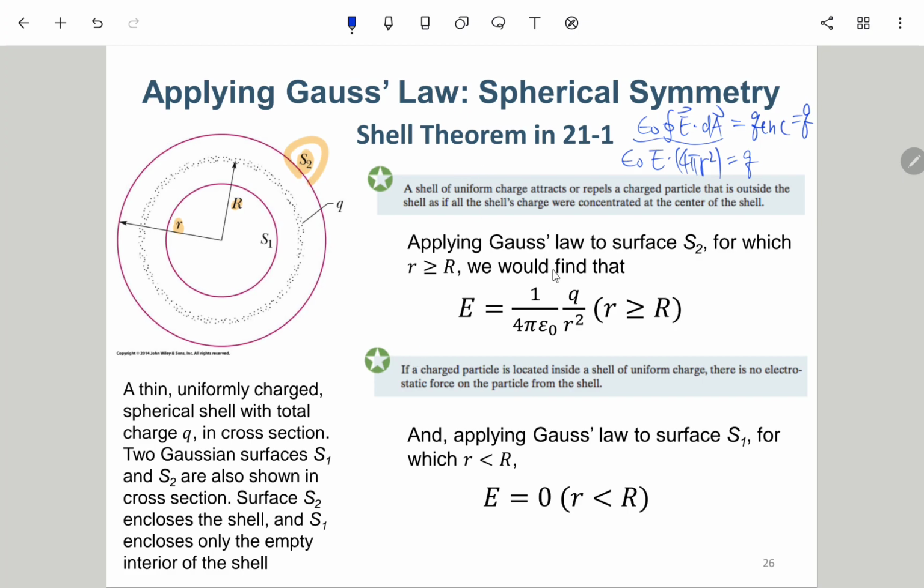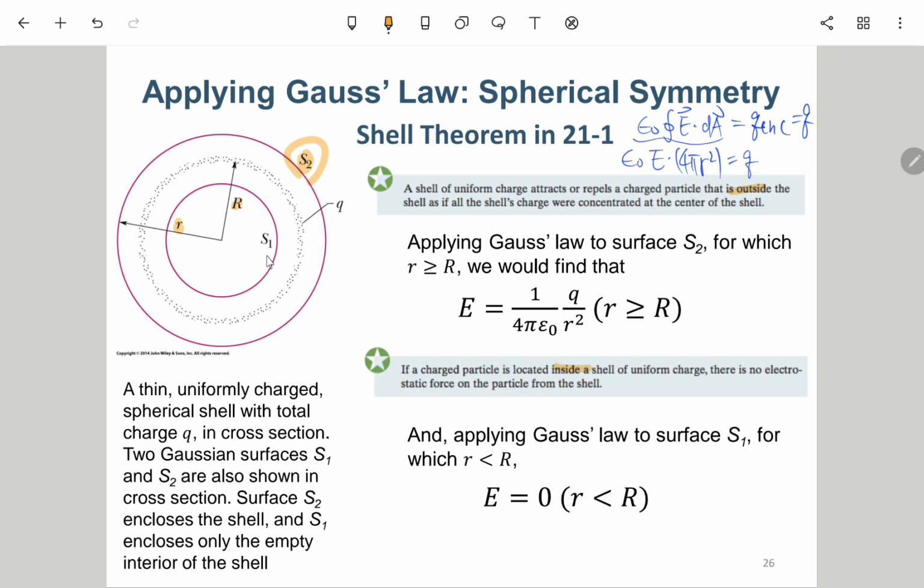And then for the second shell theorem, it says that if a charged particle is located inside a shell of uniform charge, there is no electrostatic force on the particle from the shell.